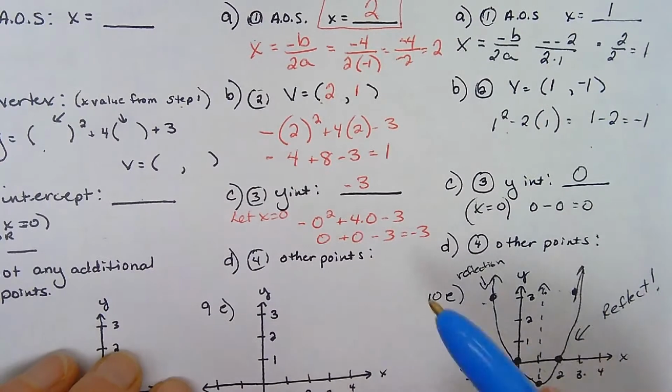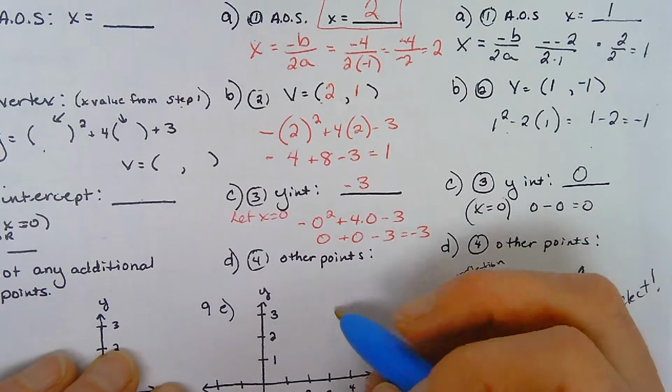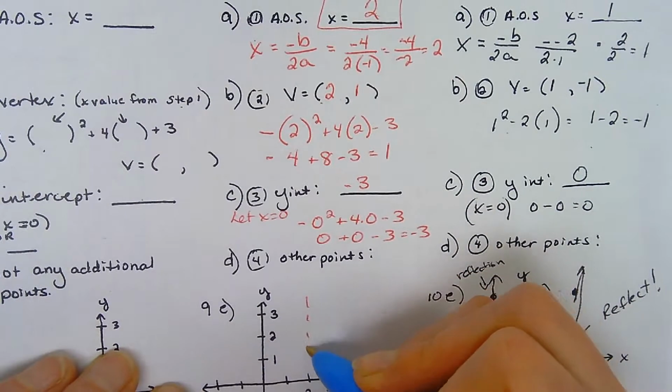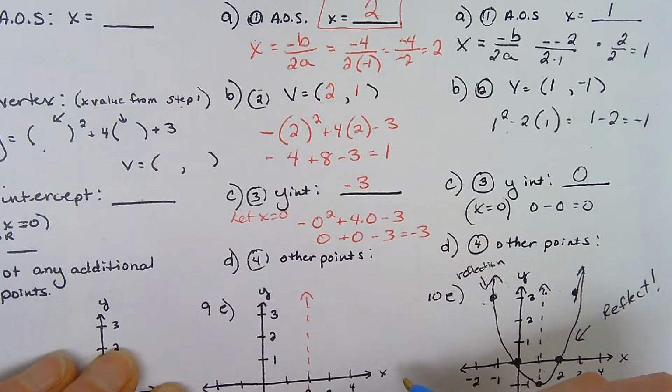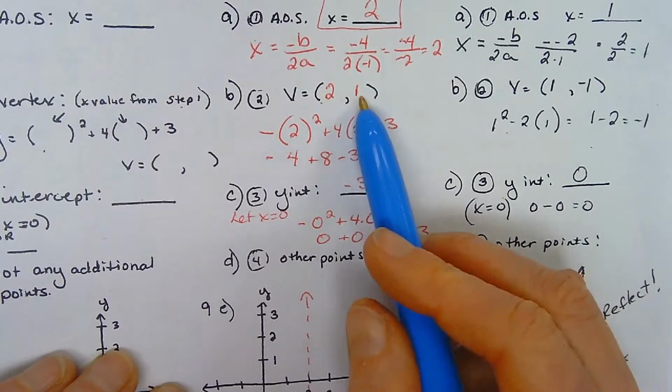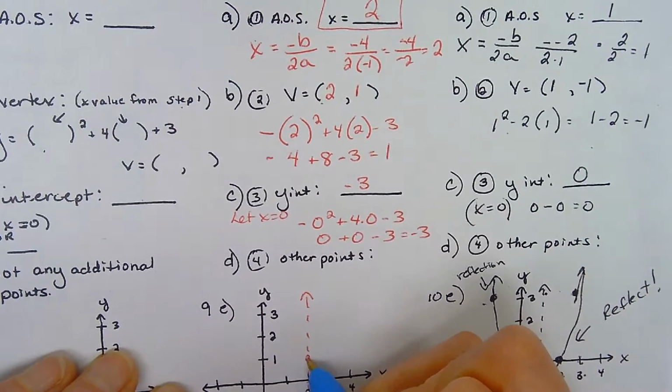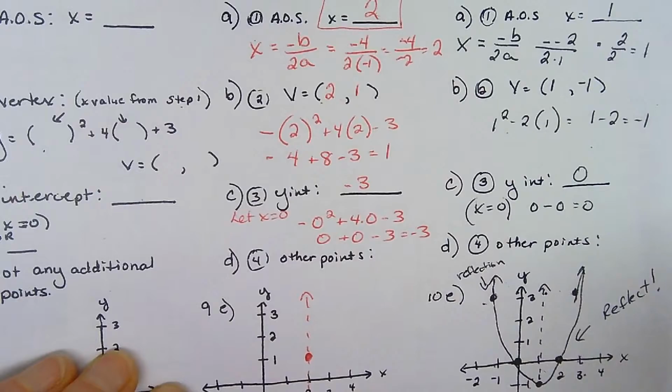Now to find other points, first let's put our axis of symmetry in at x equals 2. And the vertex is at 2, 1, right on that axis of symmetry. It's always on the axis of symmetry.